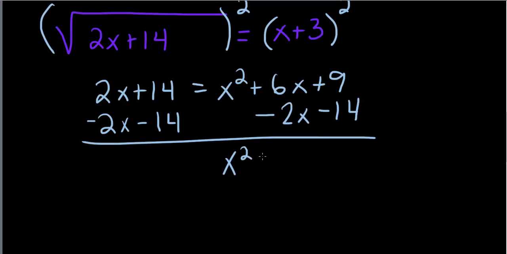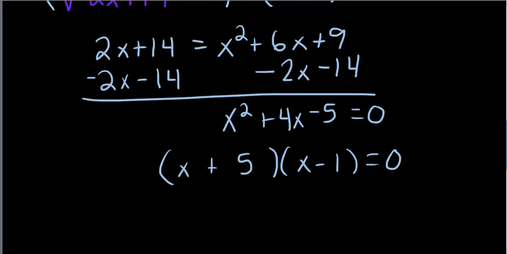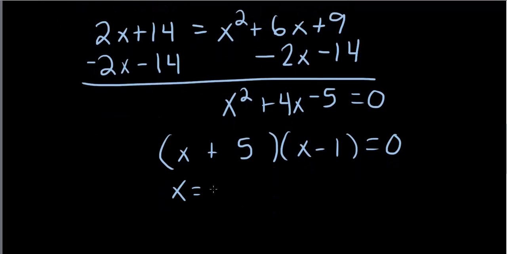That is x squared plus 4x minus 5 equals 0. We're looking for factors of negative 5 whose sum is 4. That is plus 5, negative 1. We use the zero product property, so x equals negative 5, x equals 1.